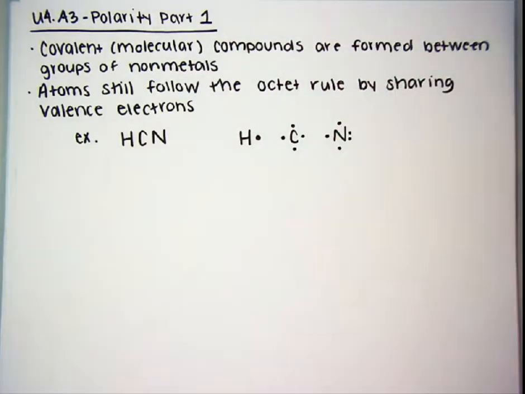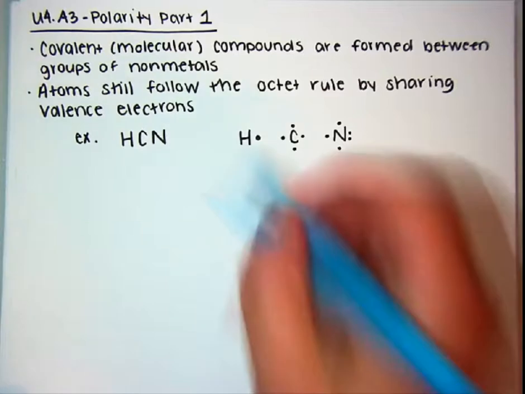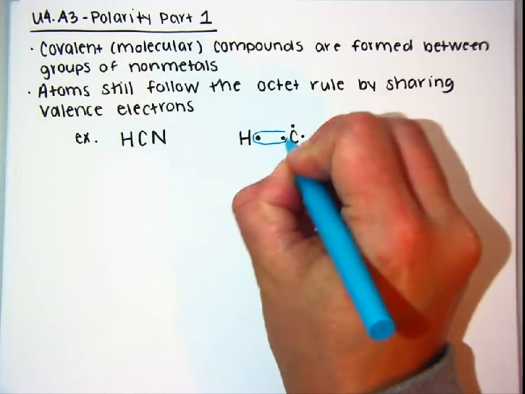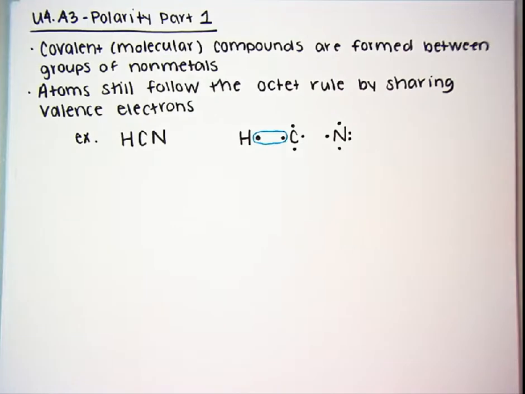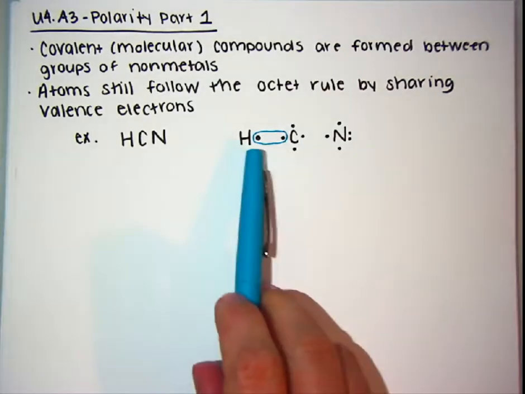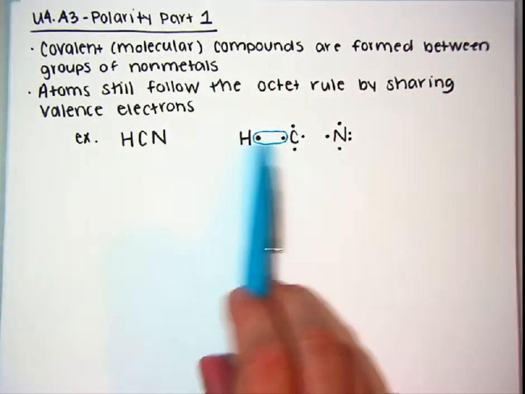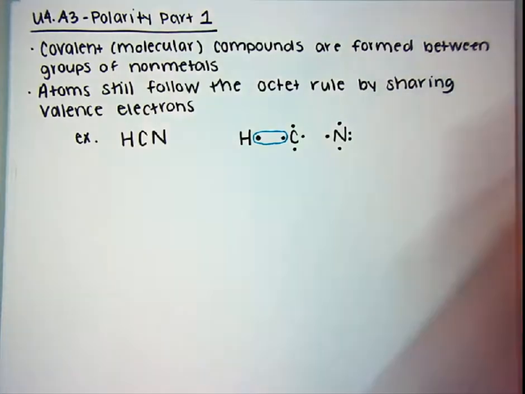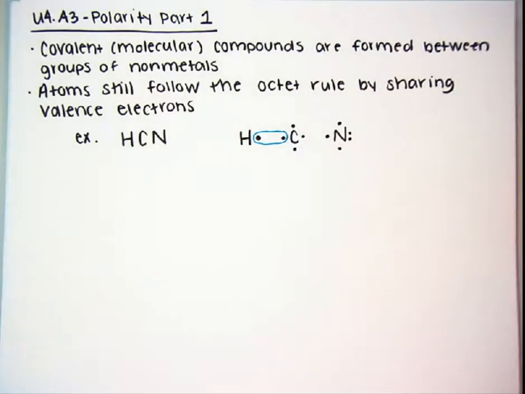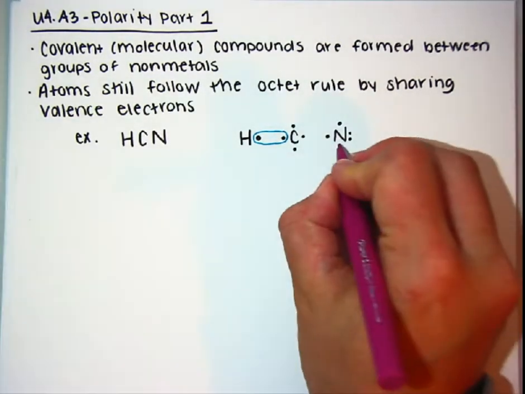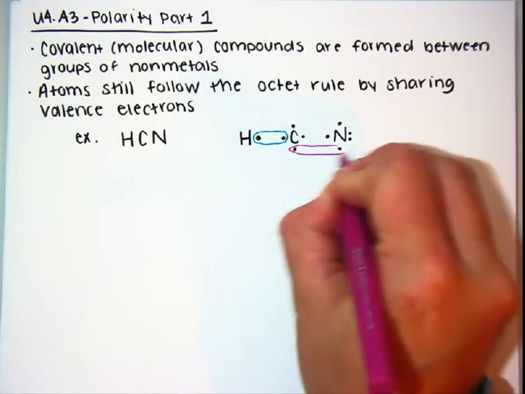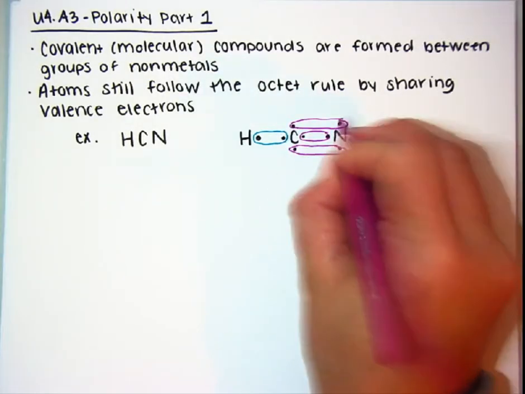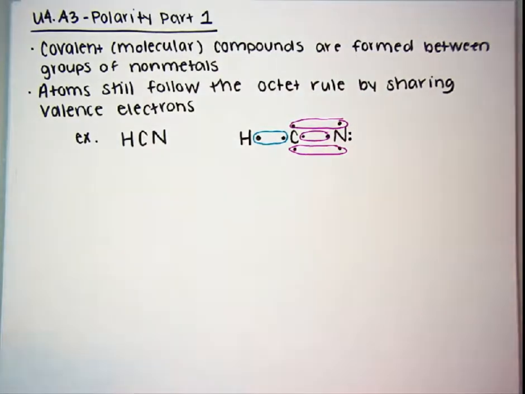So what's going to happen is hydrogen can share one of its electrons with carbon. So hydrogen now has 2 valence electrons, one of its own and the one that it shares from carbon. Carbon and nitrogen now each have 3 unpaired electrons. They can share 1, 2, 3 pairs of electrons.